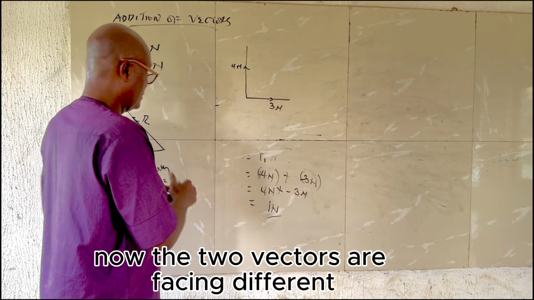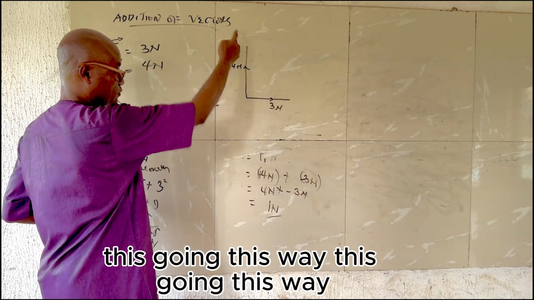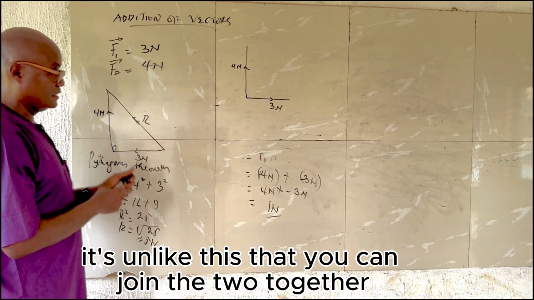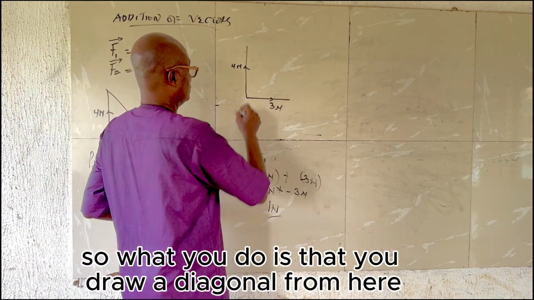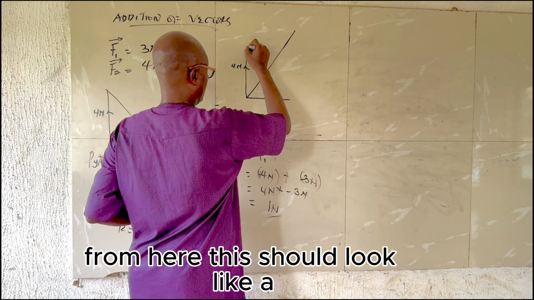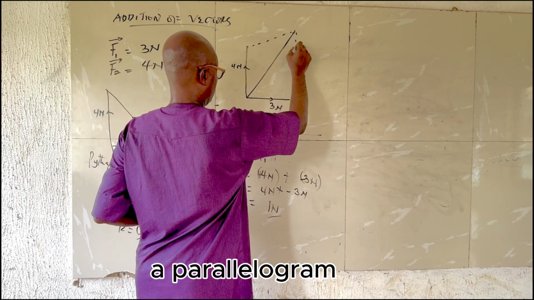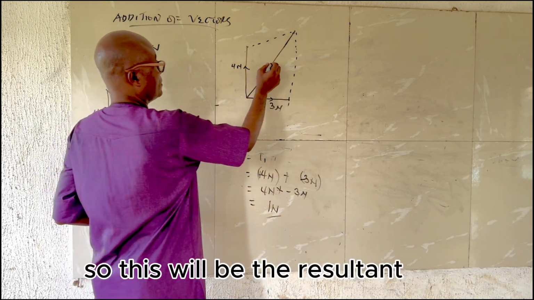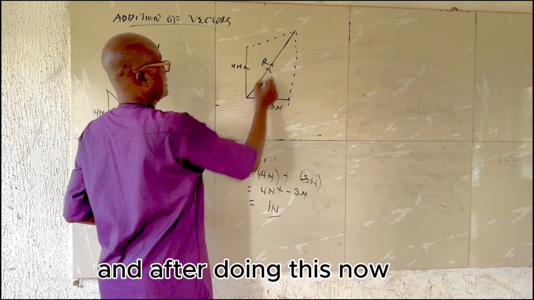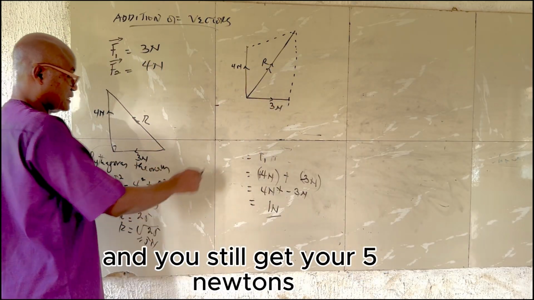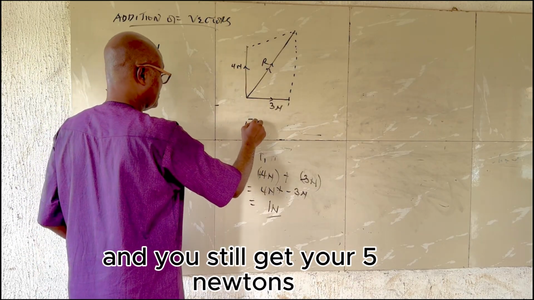Now, the two vectors are facing different directions. It's not like this that you can join the two together. So what you do is that you draw a diagonal from here. This will look like a parallelogram, and that's what we call the parallelogram law of addition. So this will be the resultant. And after doing this, you apply the same Pythagoras theorem to it, and you still get your 5 newtons, as we have said.